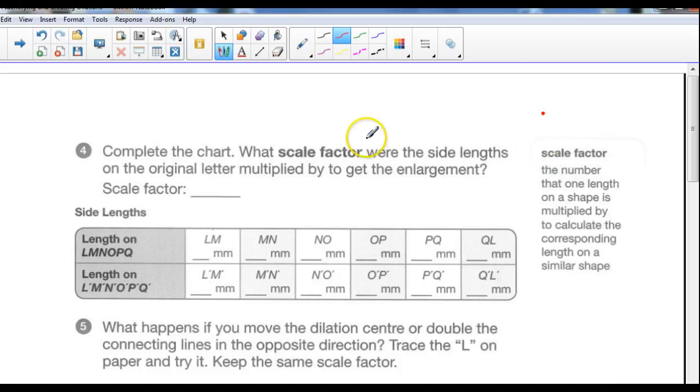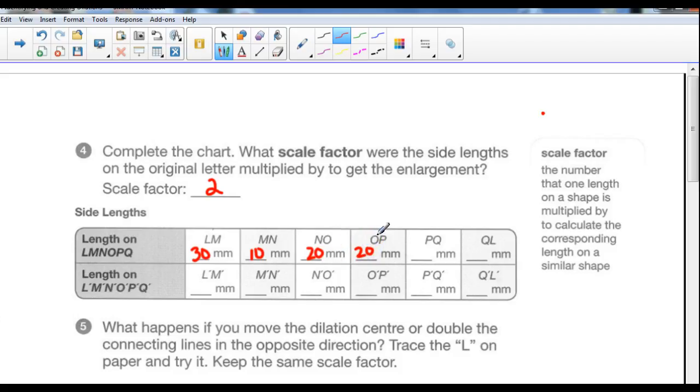So let's complete the chart. What scale factor were the side lengths of the original letter multiplied by to get the enlargement? Well, the scale factor was 2. The length of LM was 30 millimeters. The length of MN was 10 millimeters. The length of NO was 20 millimeters. The length of OP was also 20 millimeters.